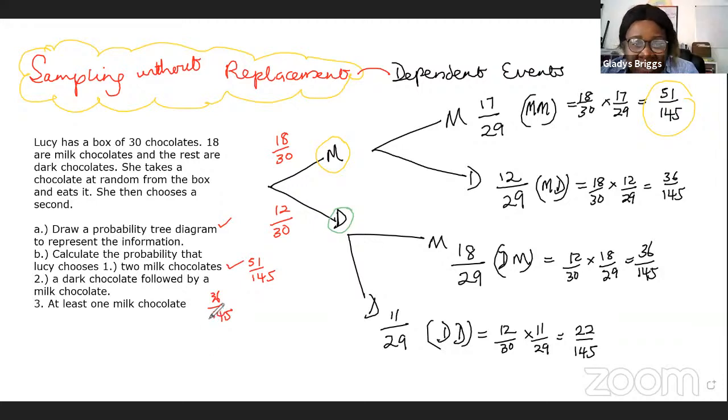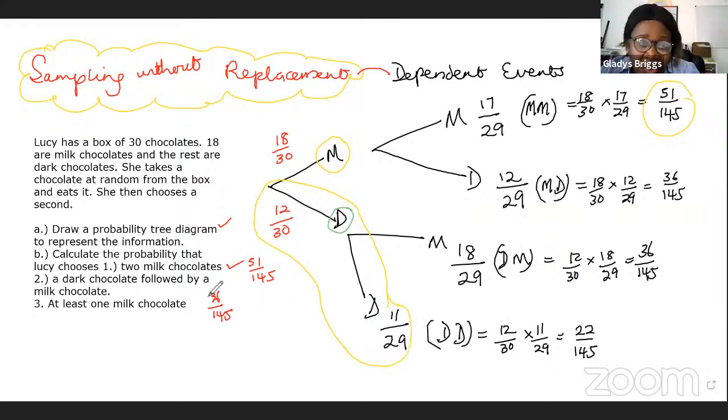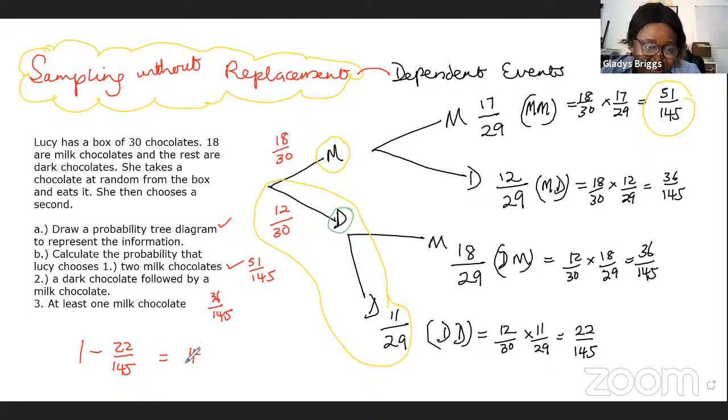At least 1 milk chocolate. How can you work this one out? 123 over 145. Good. So you can do 1 minus 22 over 145, which is equal to 123 over 145.